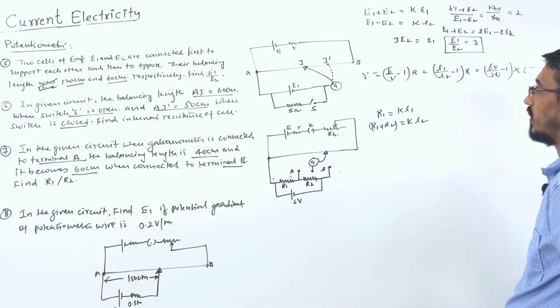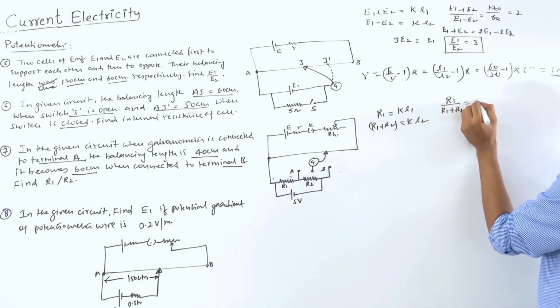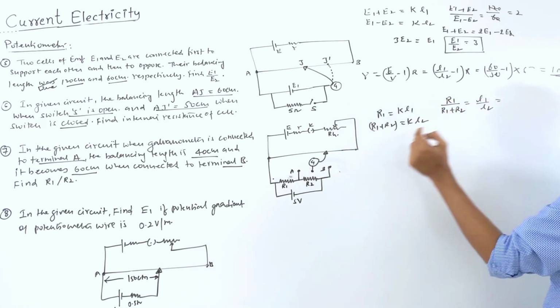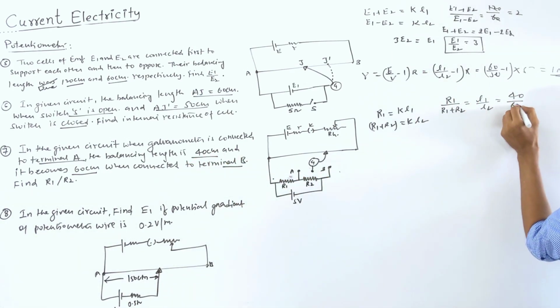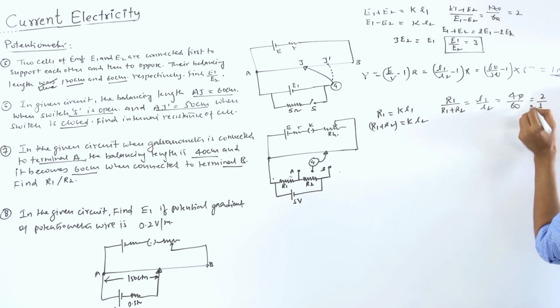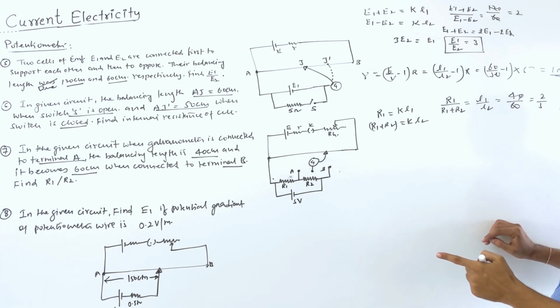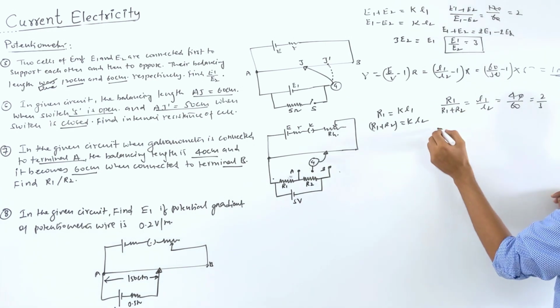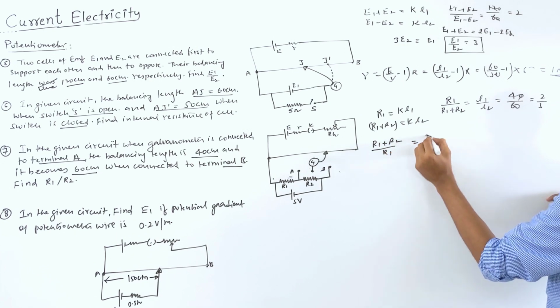They are asking what is R1 by R2. Let's calculate. R1 by R1 plus R2 is simply equal to L1 by L2. L1 was given 40 and 60, so it says 2 by 3. Correct? So we want to find R1 by R2. Let's reverse this so we can easily divide: R1 plus R2 by R1 is 3 by 2.